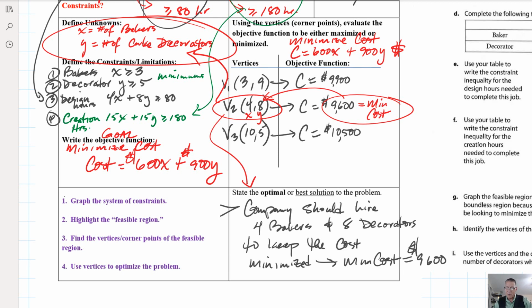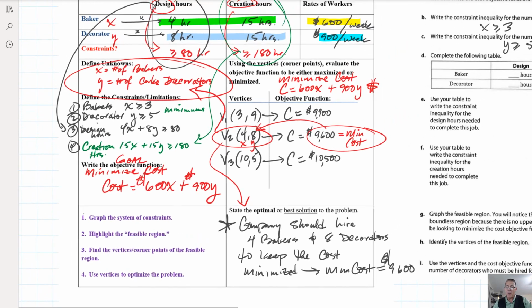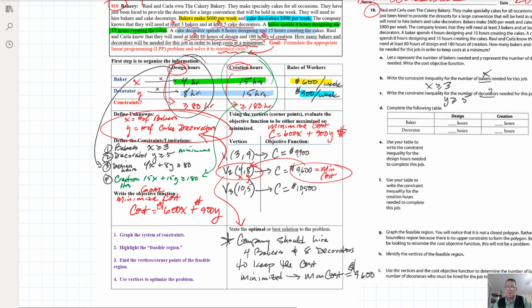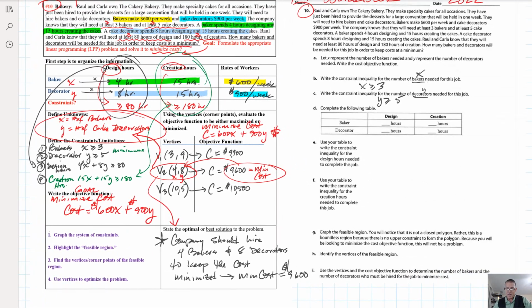And that's what you would tell. If you were the person in the company making all the decisions, after you do all your mathematics and analysis based upon the constraints of the problem, you would say, hey CEO, you should hire 4 bakers and 8 decorators because that's going to minimize the cost to maximize the profit.